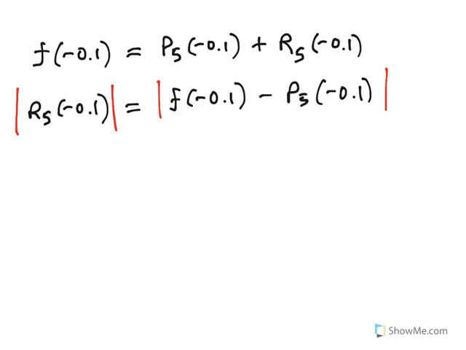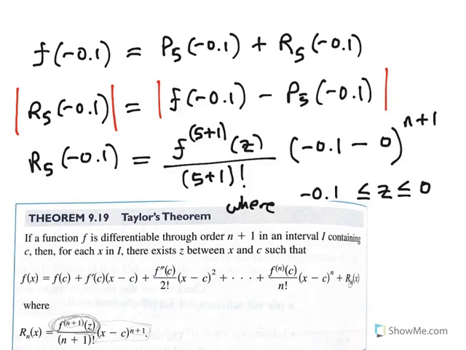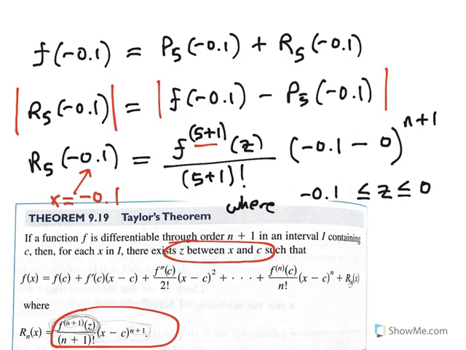And as we saw from Taylor's theorem, here's what we know. Taylor's theorem tells us that the remainder is equal to what I'm circling in red here. So R sub 5 of negative 0.1, that's the x value, x is equal to negative 0.1, is equal to the sixth derivative of f evaluated at z, where z is between x and c.